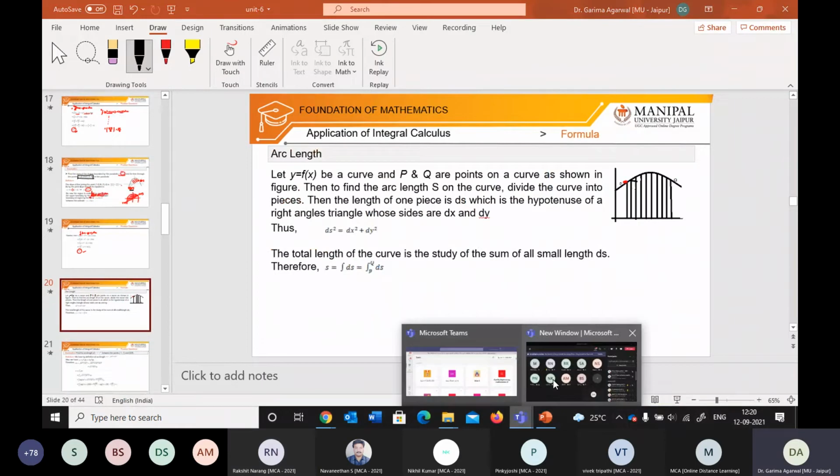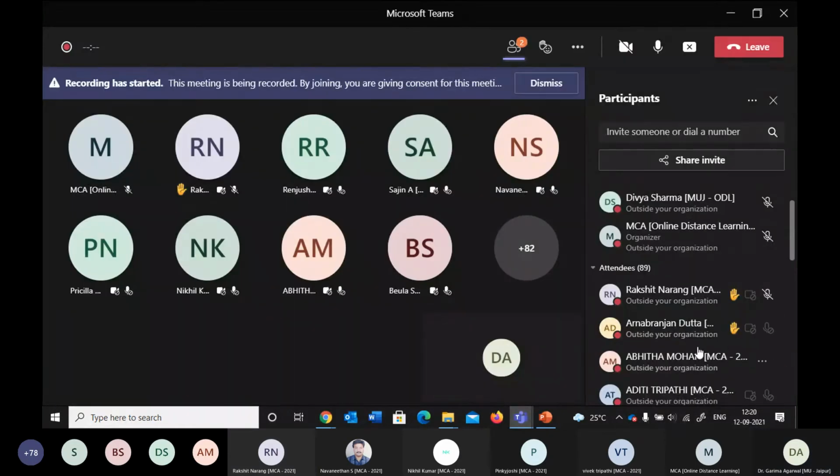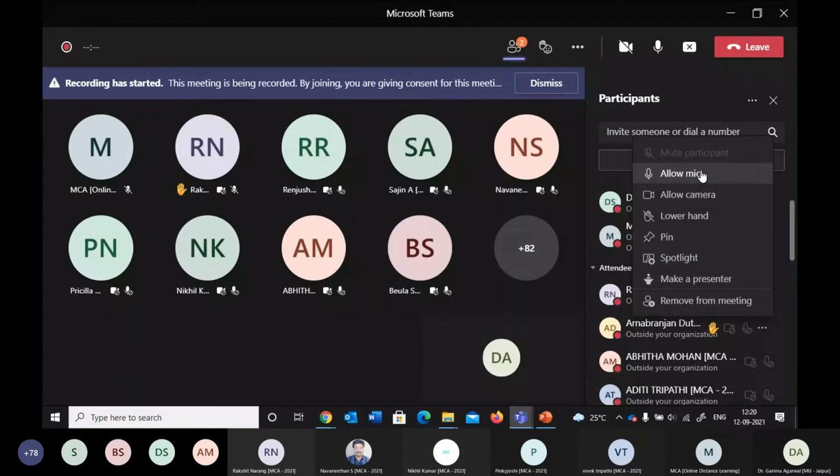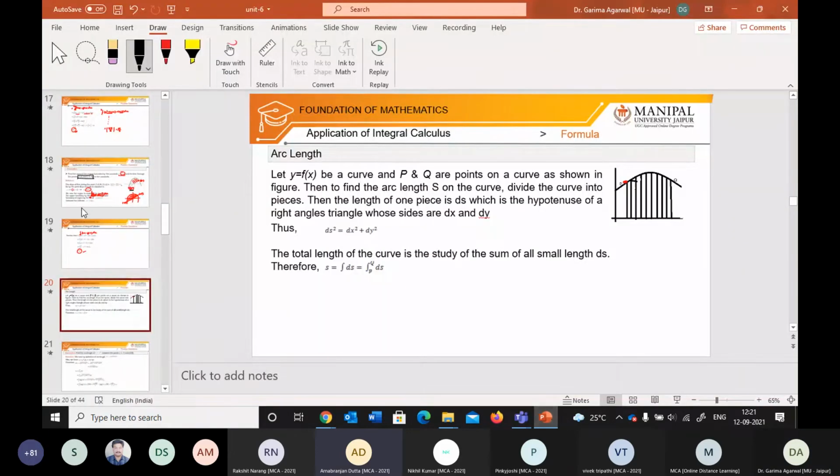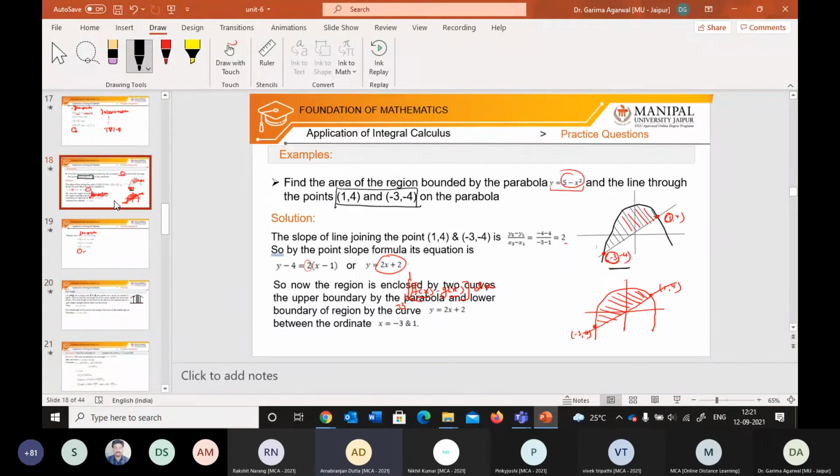Any other query? Yes, Mr. Datta, you can unmute yourself. Hello, am I audible? Yes, you are audible. It's not directly related to this lesson, but when we submitted our practical assignments, we did them in Word, and it was possible to do the equations, but it took a lot of time to type them.